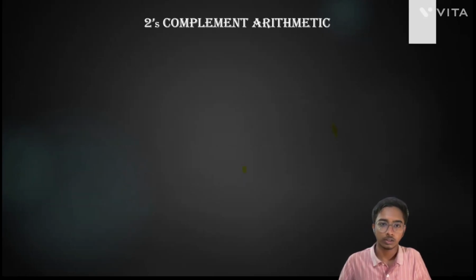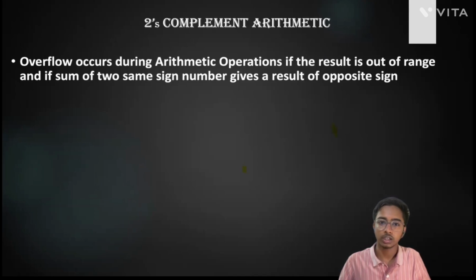So moving forward, overflow occurs during arithmetic operations if the result is out of range, and if the sum of two same-sign numbers gives a result of opposite sign. For example, we are adding minus 127 and minus 120, let us suppose.